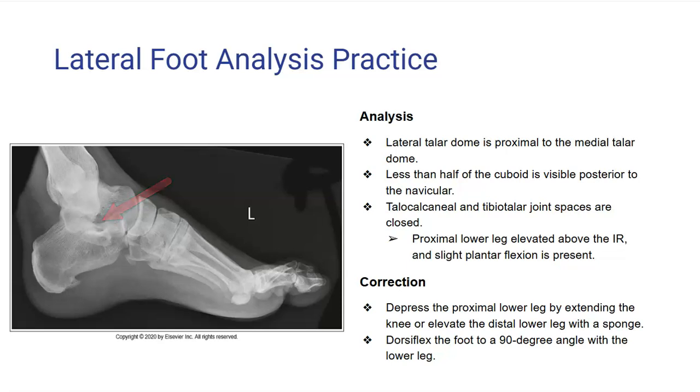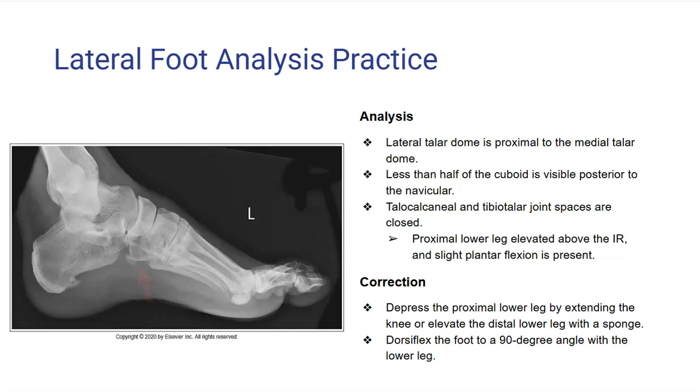Next, you want to look at the positioning of the talar domes. In this case, the lateral talar dome is proximal to the medial talar dome, and less than a half of the cuboid is visible posterior to the navicular bone.